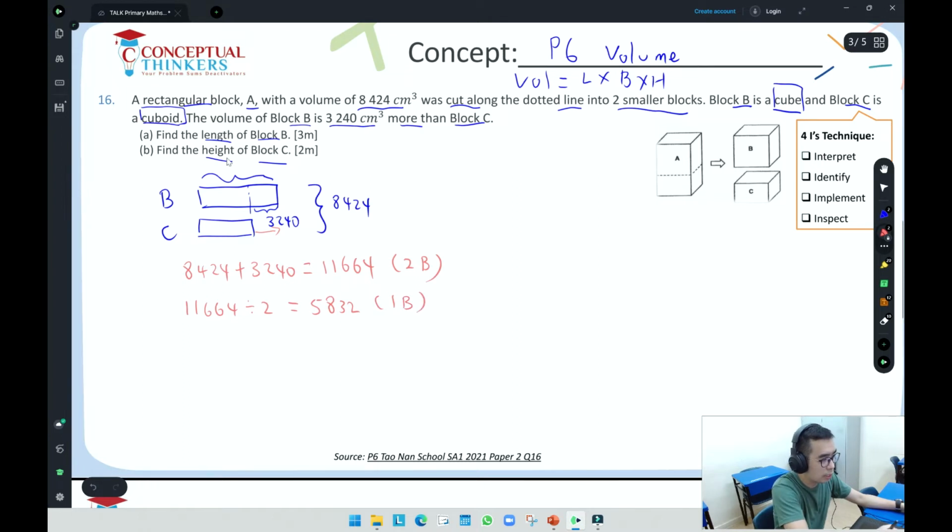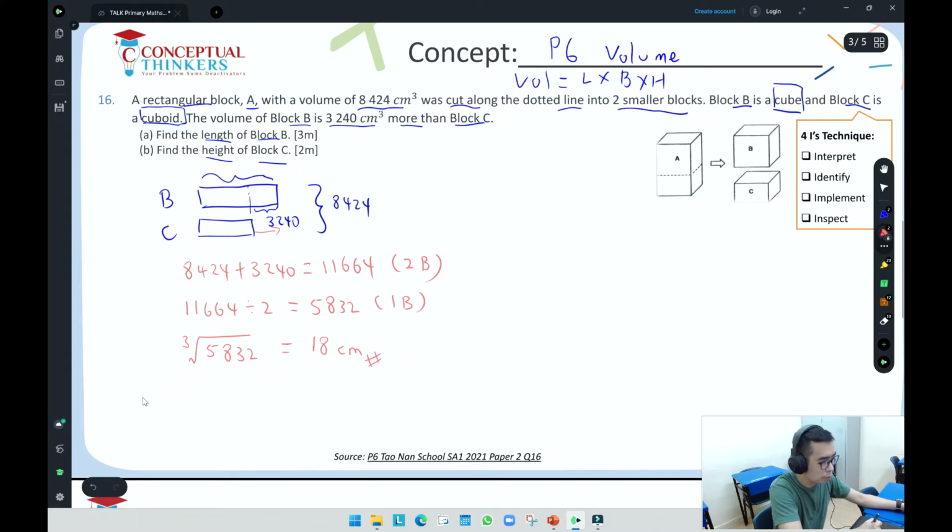To get the length of block B, we know that B is a cube. So to get the length, we use the cube root function. Now this is P6 volume. We use our calculator function to cube root, and from here you will get 18. This means you get 18 cm, which is the length of block B. So what is this function?